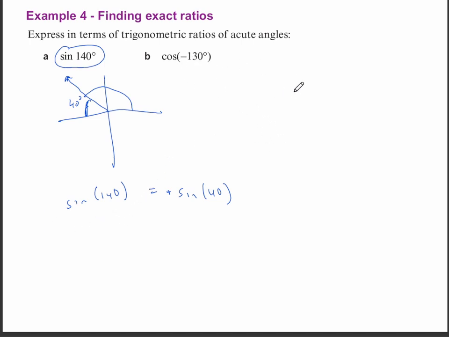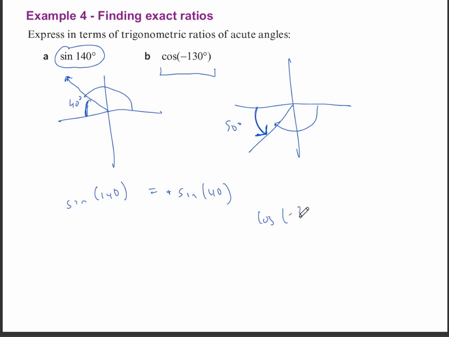When you look at cos of negative 130, we are going downwards firstly. So 90 degrees and 40 degrees, which leaves us with the acute angle of 50 degrees right here. This means that the magnitude of this cos negative 130 is the same as the magnitude of cos 50.